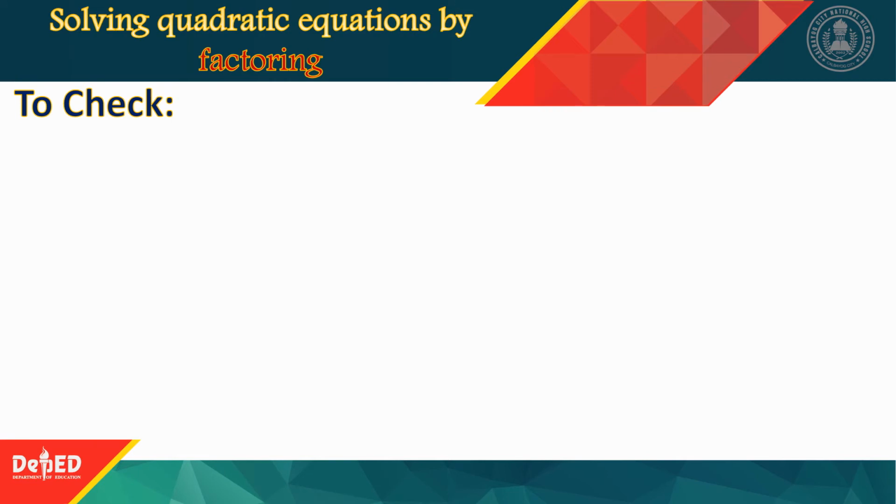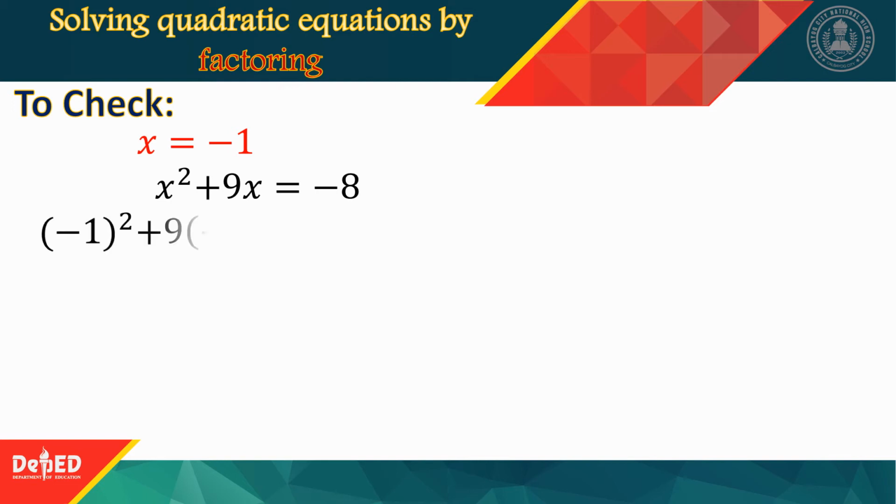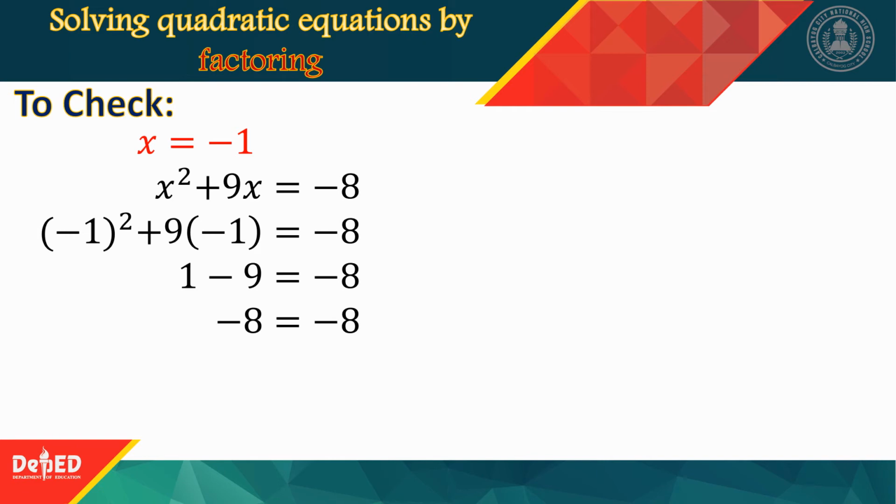To check, we substitute the values of x into the original equation, x squared plus 9x is equal to negative 8. Negative 1 squared plus 9 times negative 1 is equal to negative 8. So 1 minus 9 is equal to negative 8. Then negative 8 is equal to negative 8. Correct. Then x is equal to negative 8. Substitute again into the original equation.